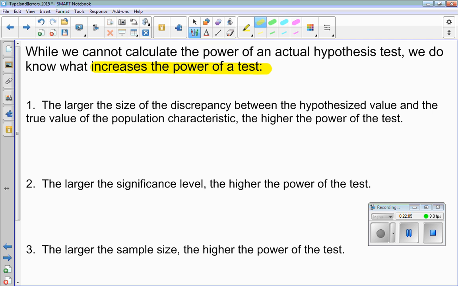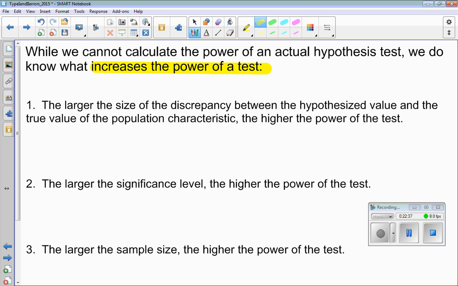If the claim is just so far off from the truth, say 99% of the M&Ms in the bag are orange, okay, we can probably reject that null, right? Because that hypothesized value isn't anywhere close to the truth, okay? So that's really what that's saying. If the claim is just so far out there, then that's going to strengthen the test, okay? Because the likelihood of us rejecting is pretty strong.